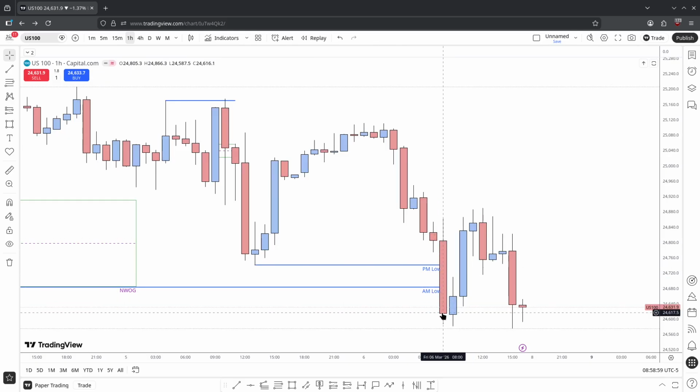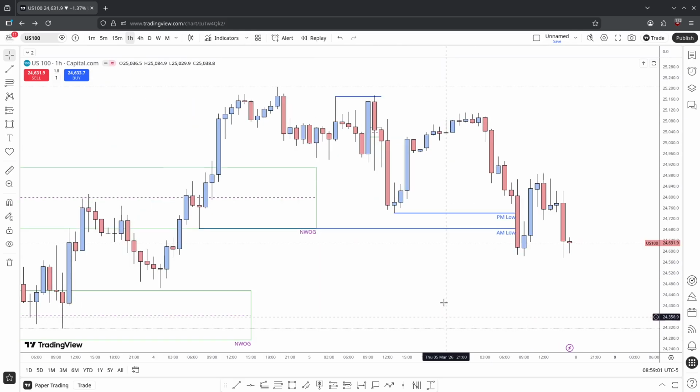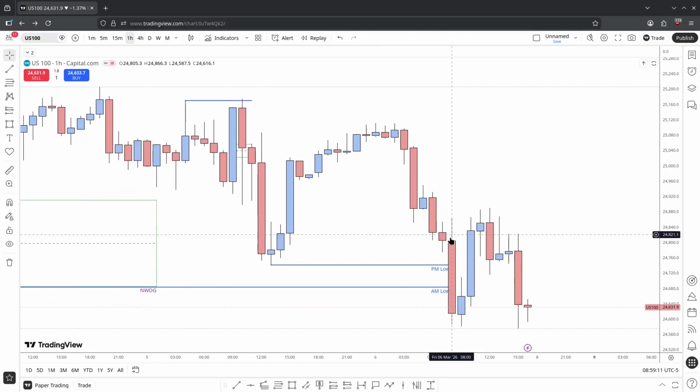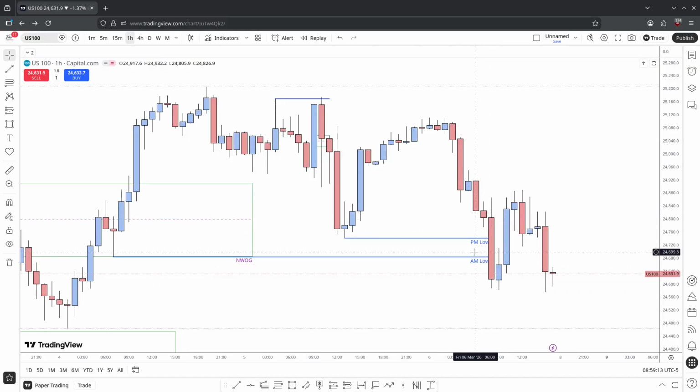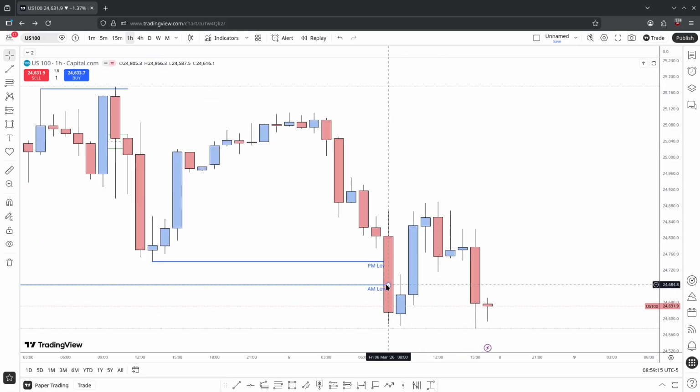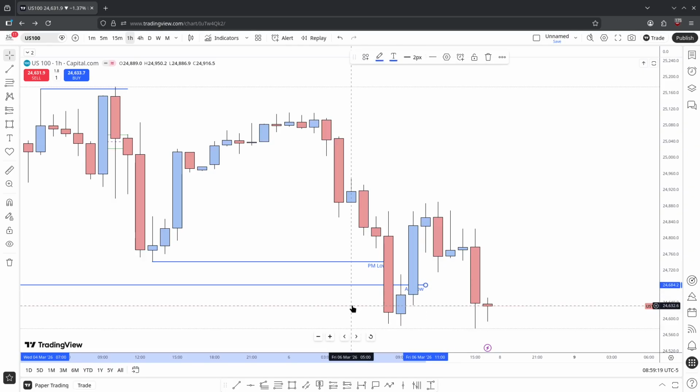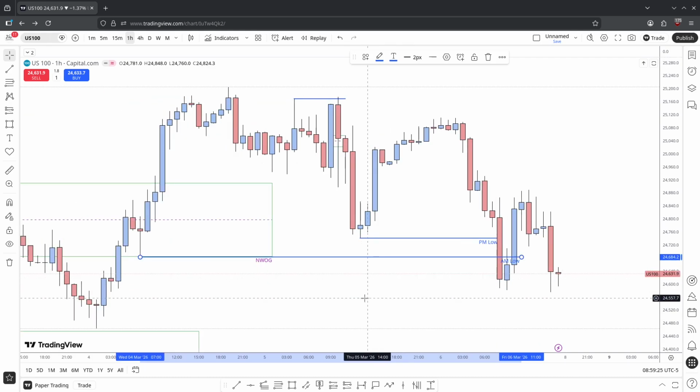We traded very aggressively below this. Very aggressively. Didn't tag this low there, but this is not a swing low anyways. But it traded through below this low. So now you would have to wait for price to come back above this high. Preferably above the high.